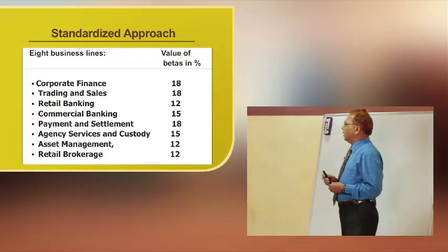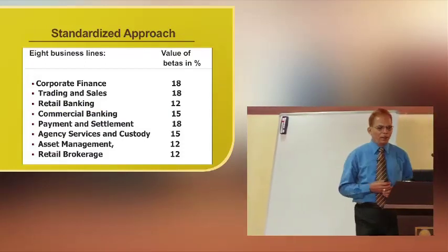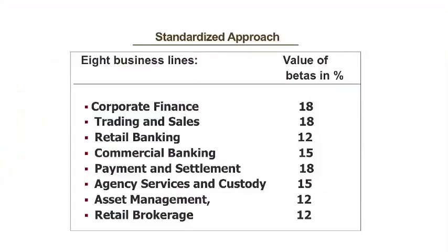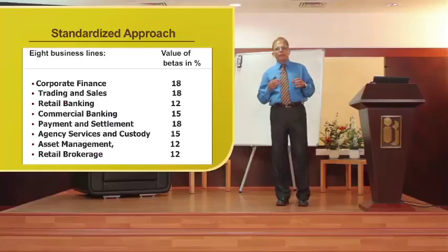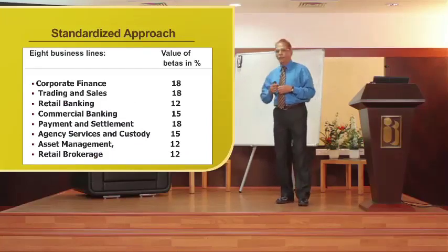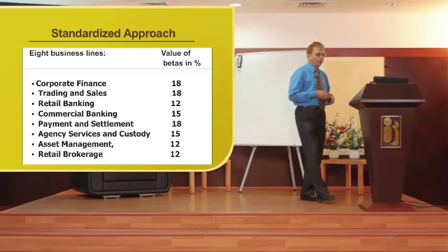So the standardized approach prescribes the highest betas for corporate finance, trading and sales, and payment and settlement, because these are very, very people, technology and process intensive. That is where you will find the beta factor is higher for them.